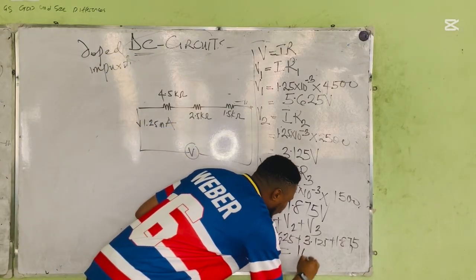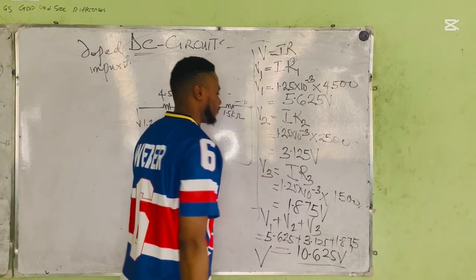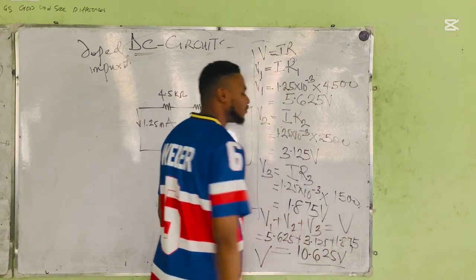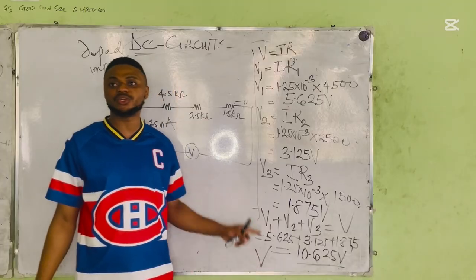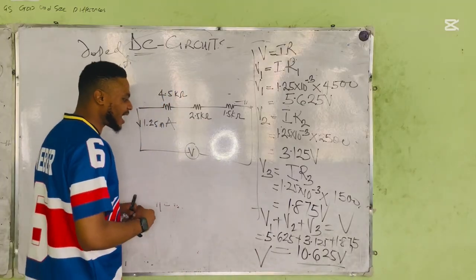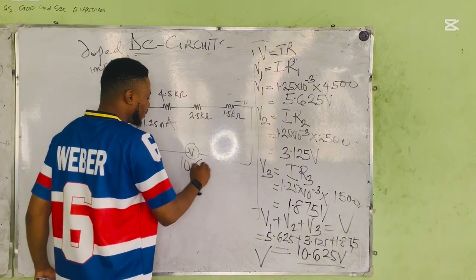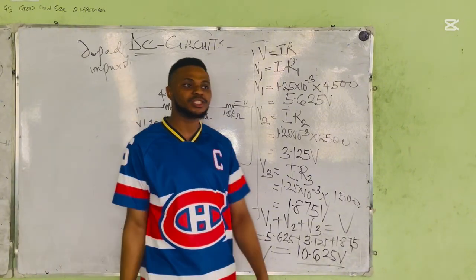So we have 10.625 volts. So this is our V. V1 plus V2 plus V3 is equal to V. So this is the general voltage that is used in this circuit. So this is about 10.6 volts, which is what is used as the voltage in this circuit.